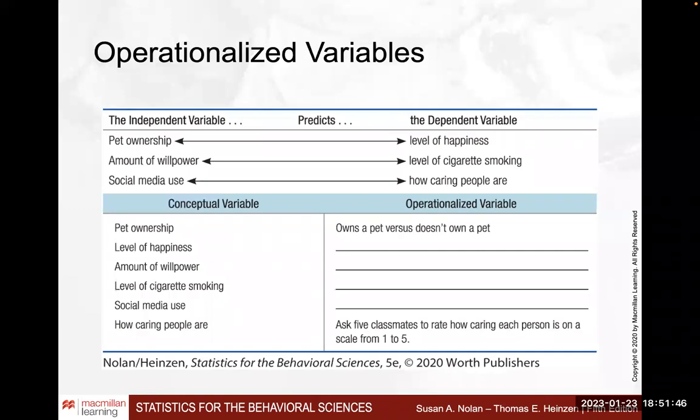Or how caring, so does social media use determine whether an individual is caring for other people? So the dependent variable would be how caring are people, and the independent variable would be social media use. So this is the operationalization.